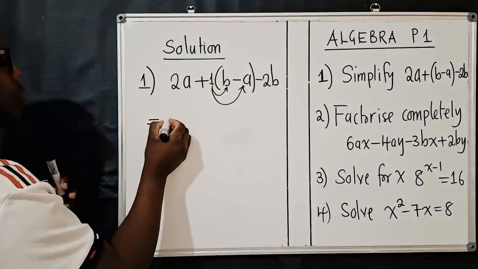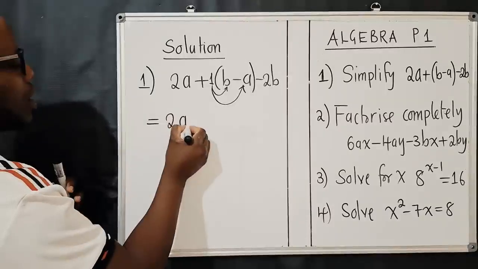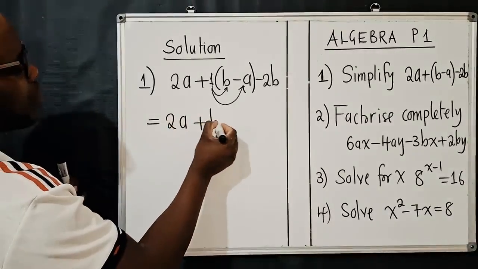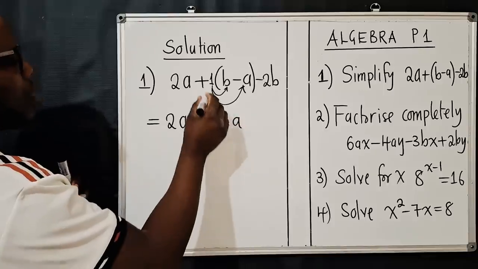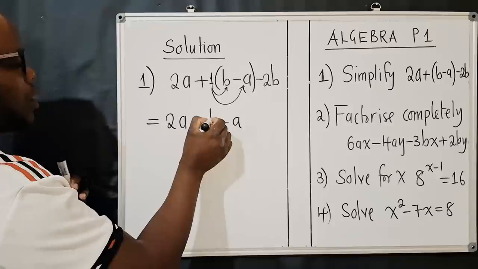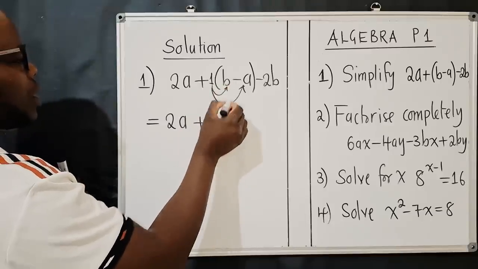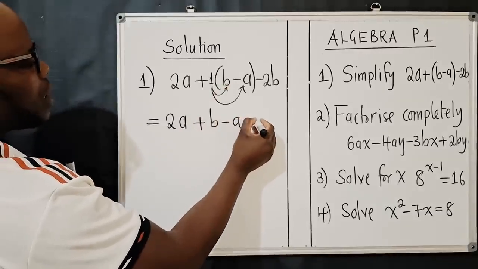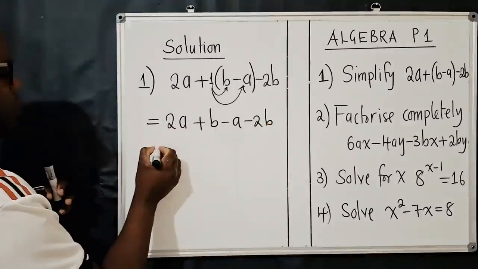So it will be equal to 2a plus b minus a, because 1 times b is b, 1 times negative a is a negative a, minus 2b.